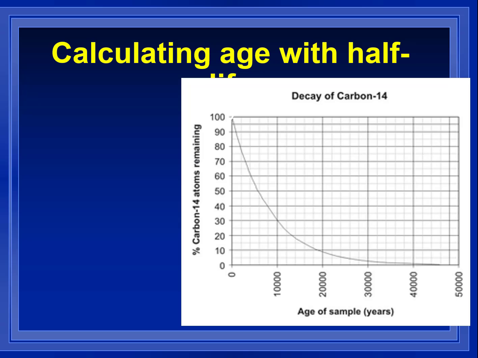You can see this is carbon-14, and you have 50% at about 5,700 years, just short of 6,000, right? And then 5,700 times 2 is just over 11,000. That's when you'd have 25%. So all I did was connect the dots for each one of those.